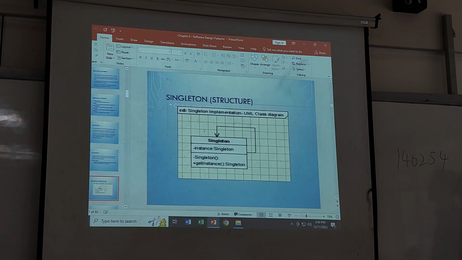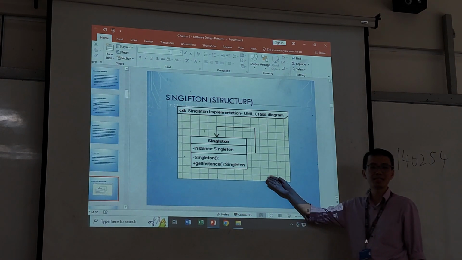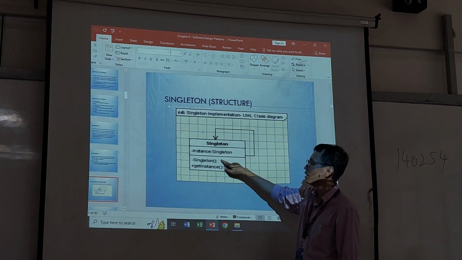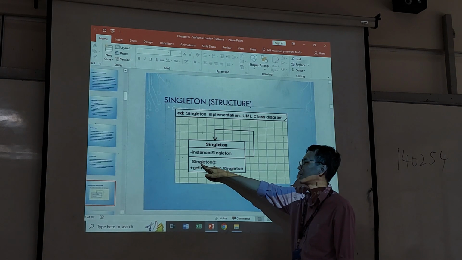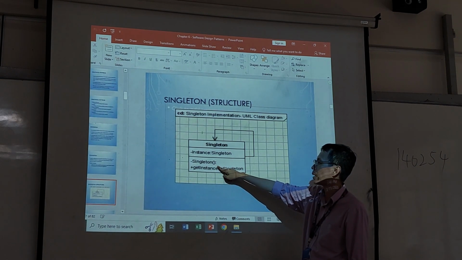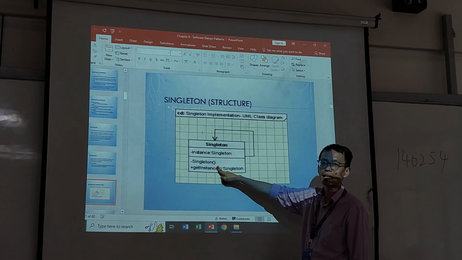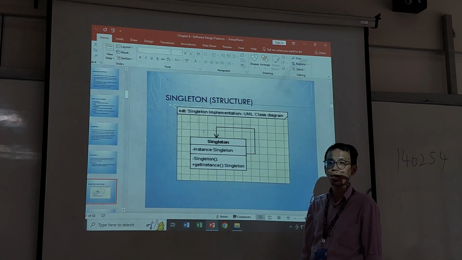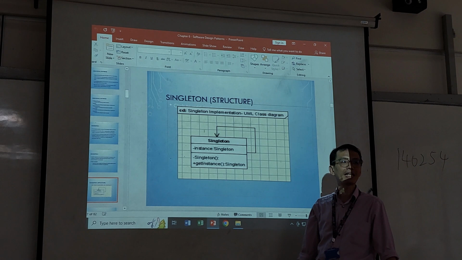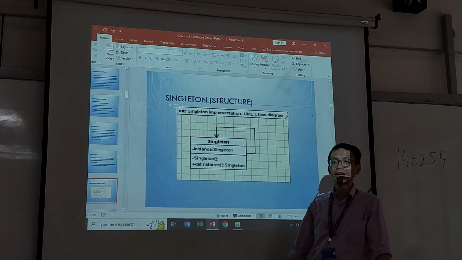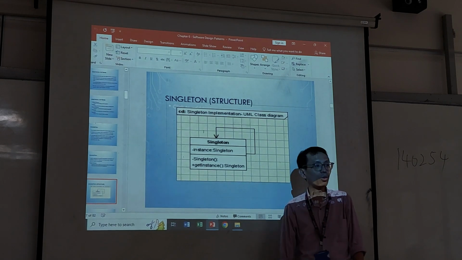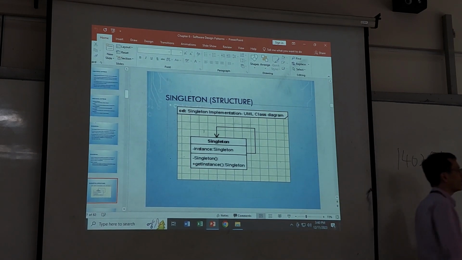Because the class instantiates itself, and we make the singleton constructor private. So outside code cannot create another instance of the same system. So this is the singleton.